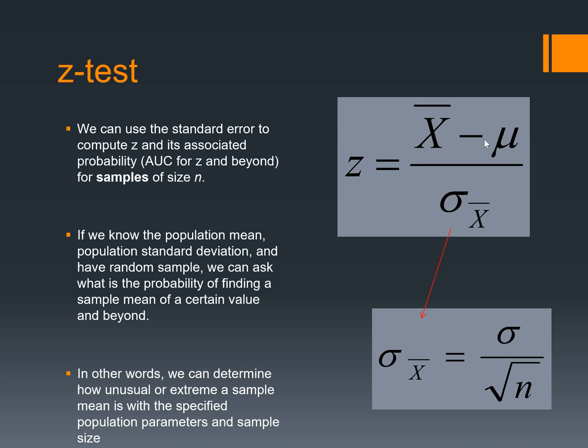To the extent that the difference between the means is not sufficiently larger than the amount of error or uncertainty we expect, then we will not be able to reject the null hypothesis and we will not have support for the alternative.